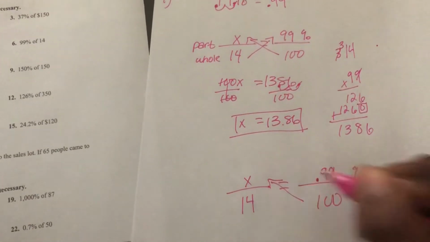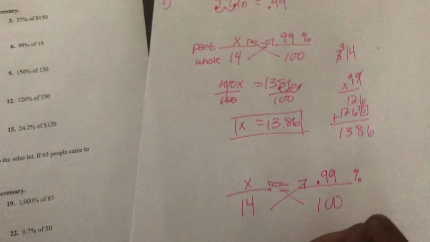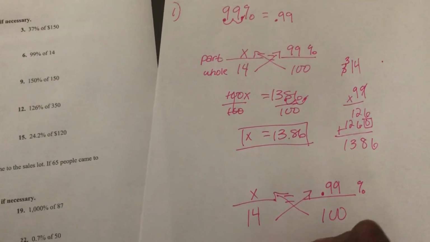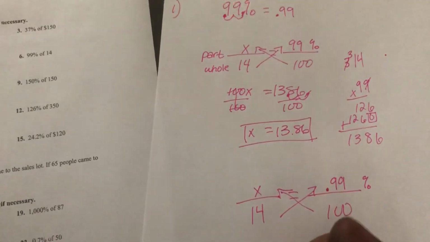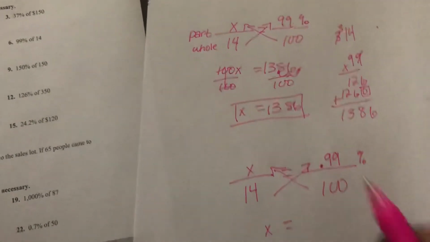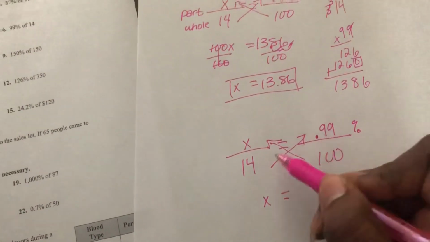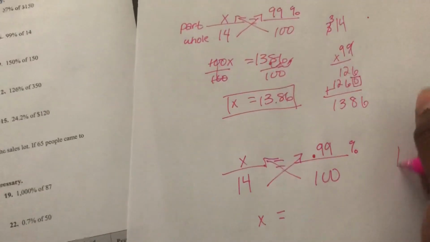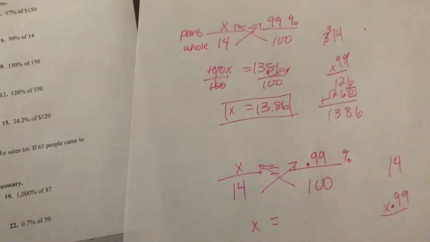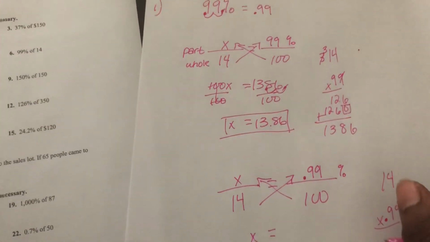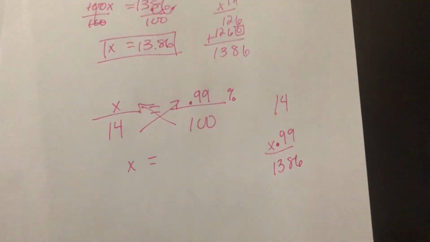So you cross multiply. But here's the thing, you don't necessarily even have to write this part down. You can just write x all by itself because you're already taking care of the dividing by 100 right here whenever you do this step. So you end up with this whenever you do your multiplication.